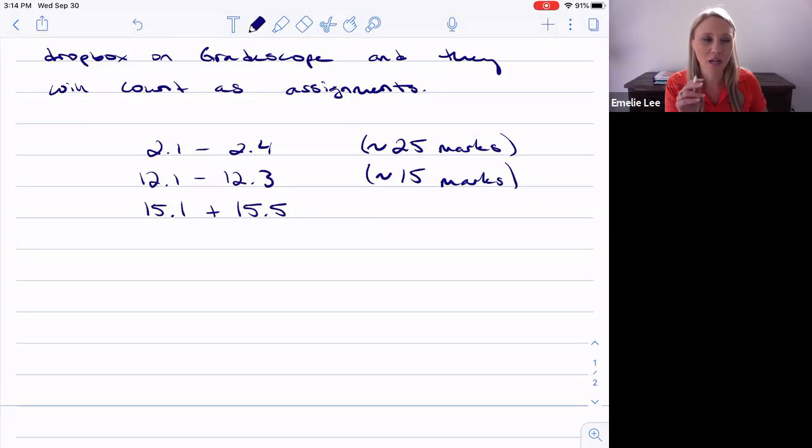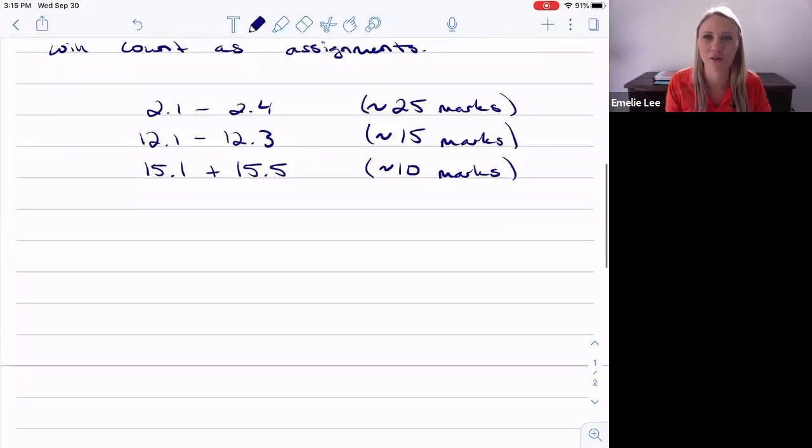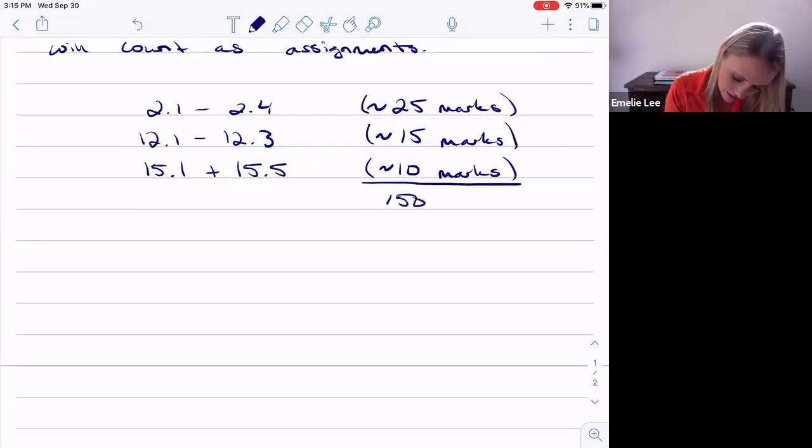I'm not going to make them that difficult on the test, and you'll be able to judge from the practice test that I post. It'll be similar. And from chapter 15, I was going to do roughly 10 marks. I reserve the right to shuffle things around.